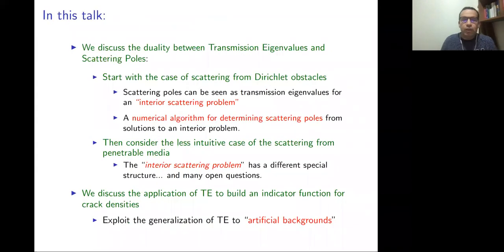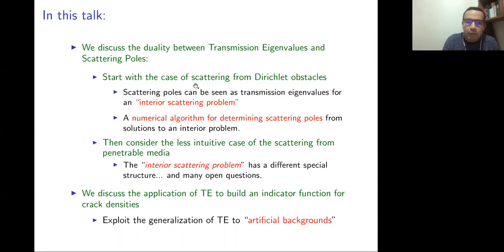And my talk today, this is what I want to present in the technical part. There will be a large part dedicated to discussing this duality between transmission eigenvalues and scattering poles. The main thing here is that relating a scattering pole to some invisibility for an interior problem leads, for example, to a numerical algorithm to determine these quantities.